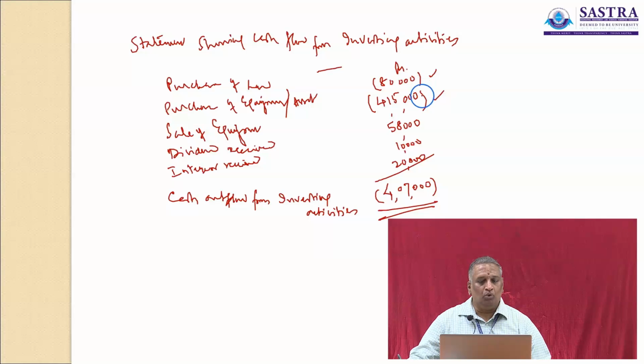Purchases are more than the proceeds from dividend, interest, or sale. So ultimately, you have cash outflow here on account of investing activities to the tune of 4,07,000. Hope you are in a position to understand the aspects involved in calculation of cash flow from investing activities. Thank you.